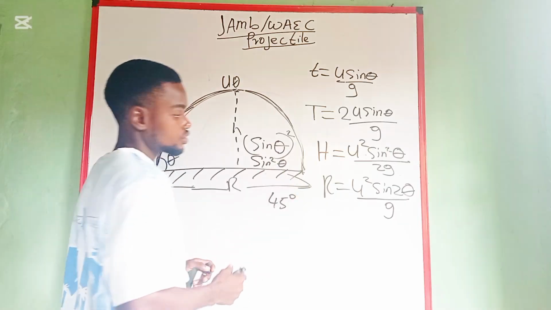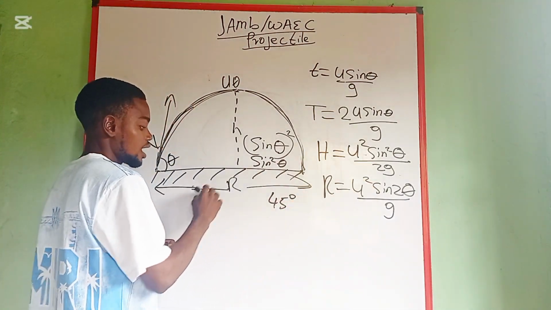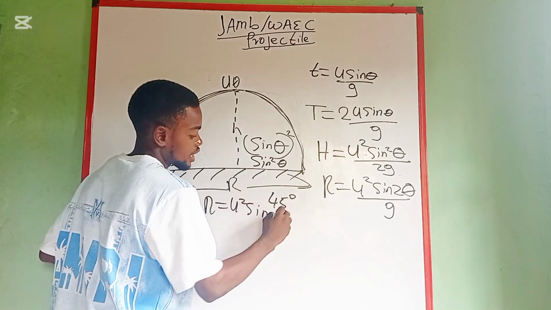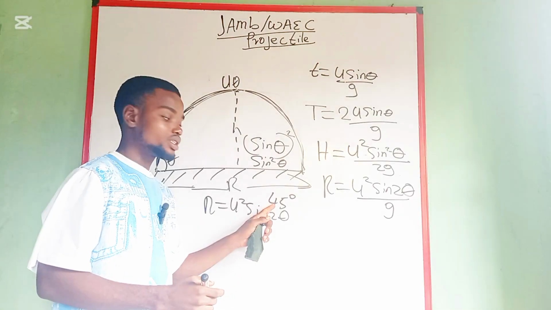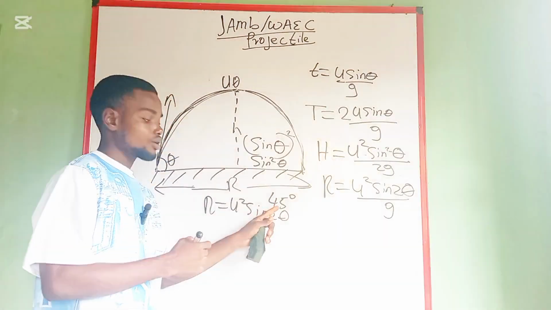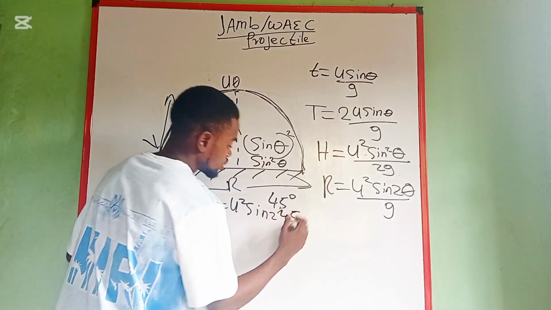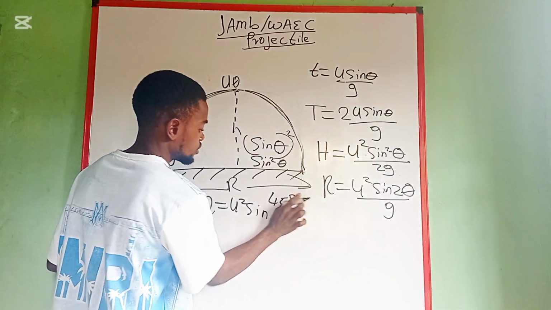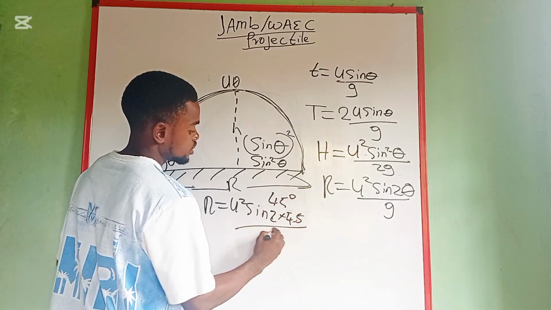If I use this formula, which is R equals u square sine 2 theta over g, since to achieve a maximum range I'm going to throw an object with an angle of 45, substituting that 45 here, 2 times 45 will give us 90 degrees.